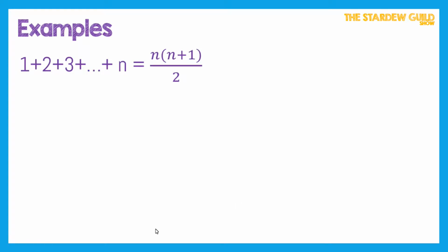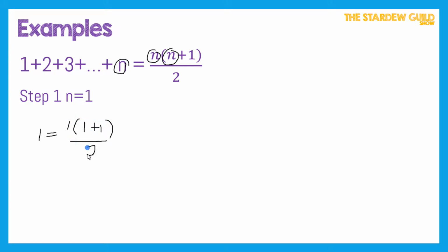Now let us proceed to an example of mathematical induction. Supposedly you have this kind of equation. So let us use the pen here. On step 1, we will assume that the variable n, all of these n's, is 1. So 1 is equal to 1 multiplied by 1 plus 1 over 2.